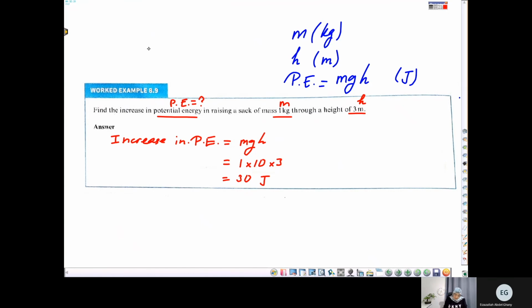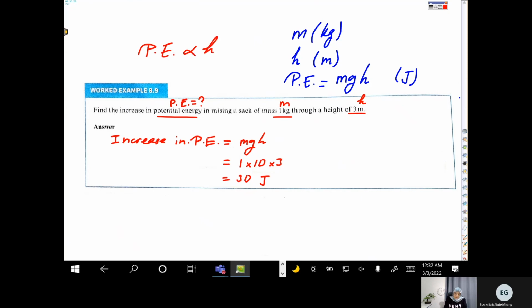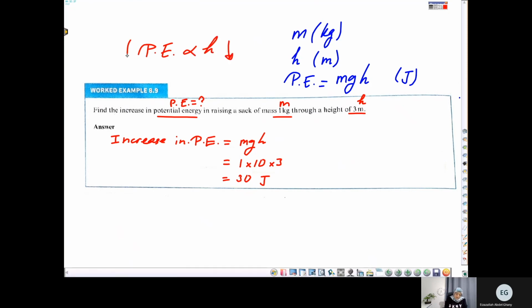Potential energy is directly proportional to the height. When height decreases, potential energy decreases too. So potential energy decreases when work is done by gravity.